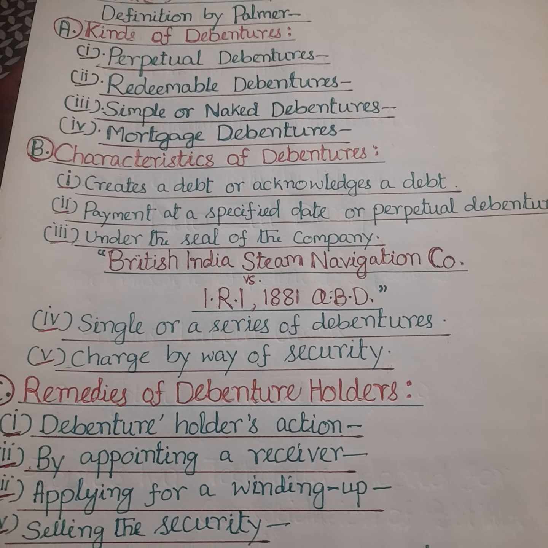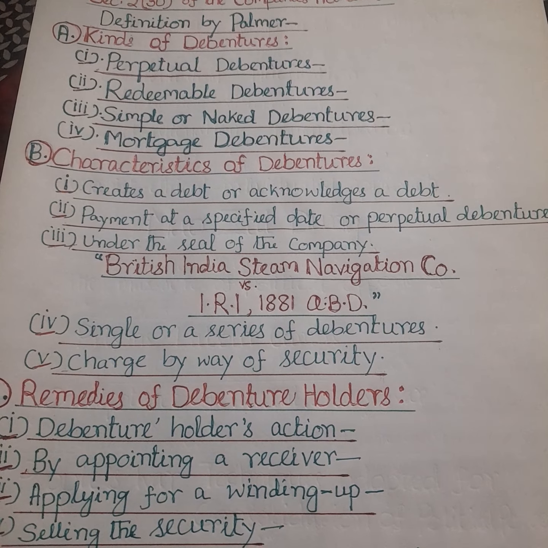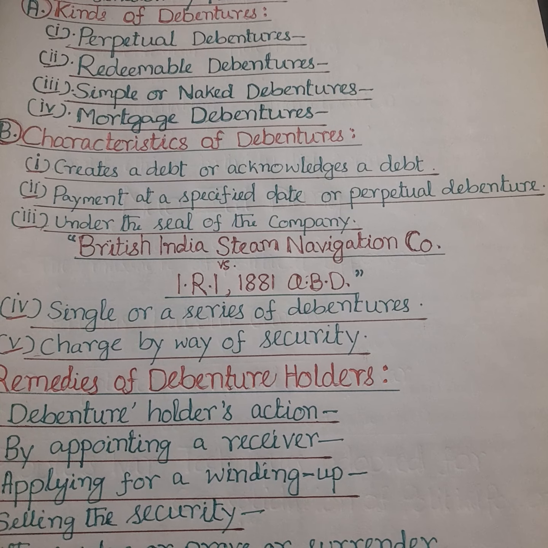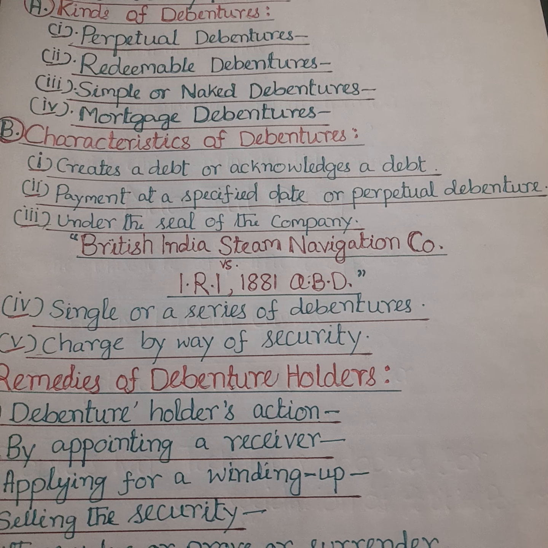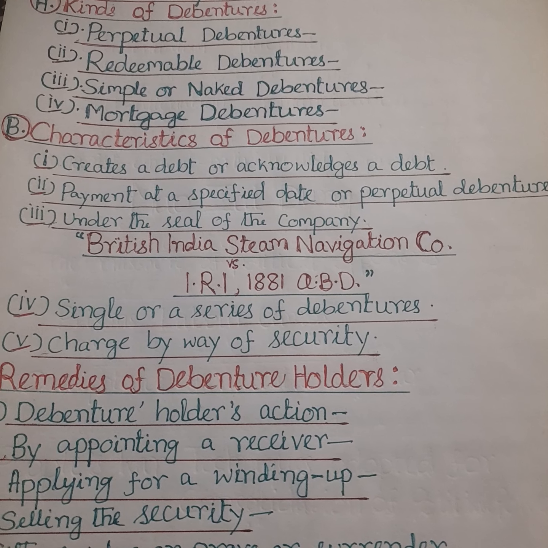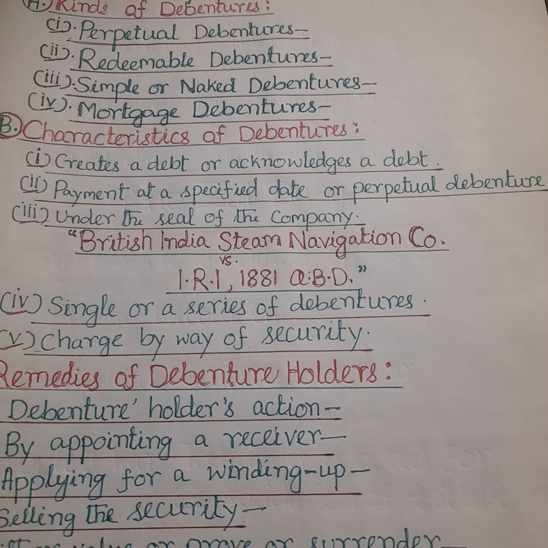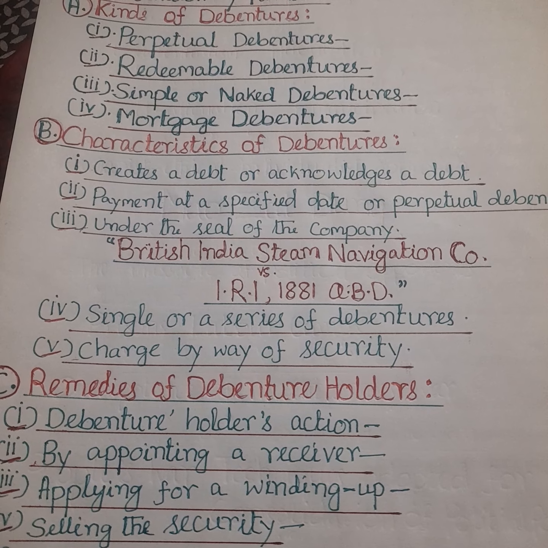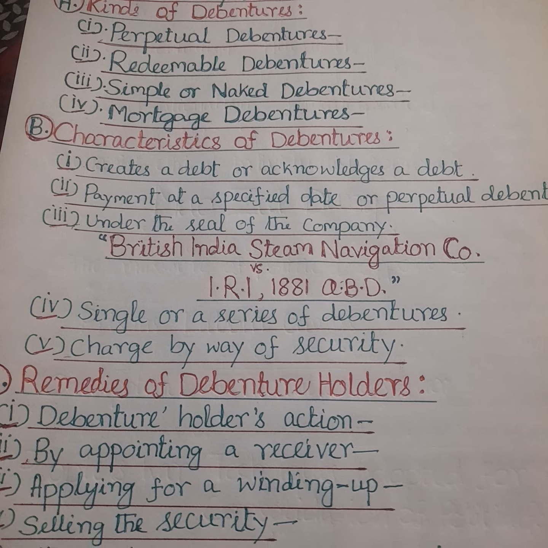For example, in that connection, we would like to discuss the ruling of an important case decided by the Queen's Bench Division in 1881, relating to British India Steam Navigation Company versus IRI.